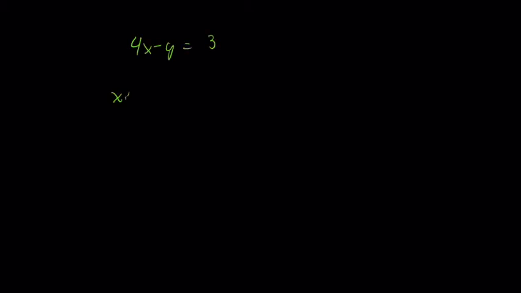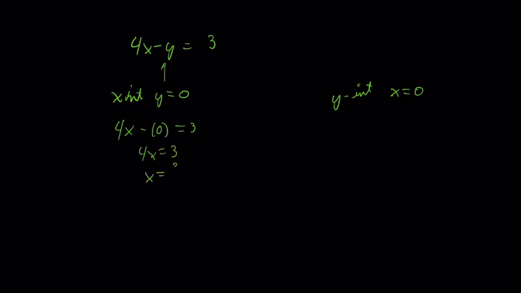To find the x-intercept, I always like to write this down. I let y equal 0, and to find the y-intercept, I let x equal 0. So now I have 4x minus 0, because I'm substituting in for y, equals 3. 4x equals 3, so x equals 3/4. Now, x equals 3/4, this is not my x-intercept.